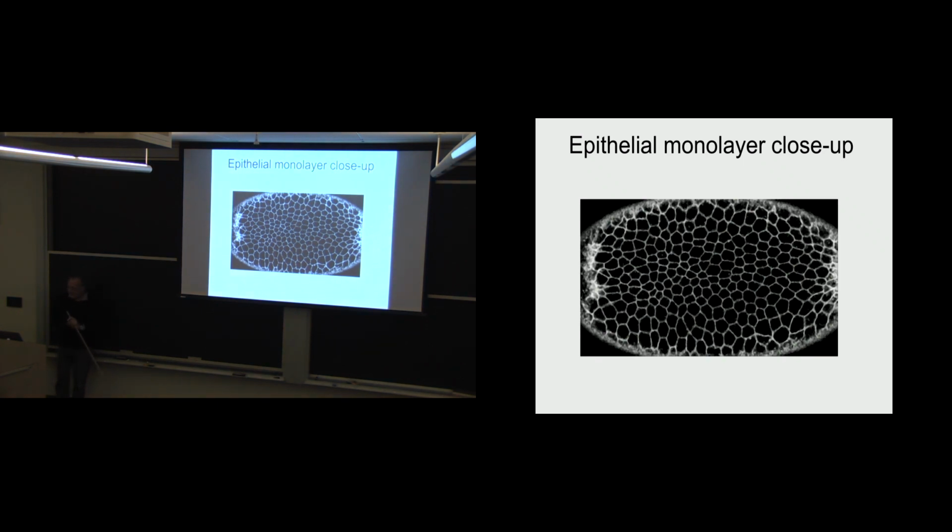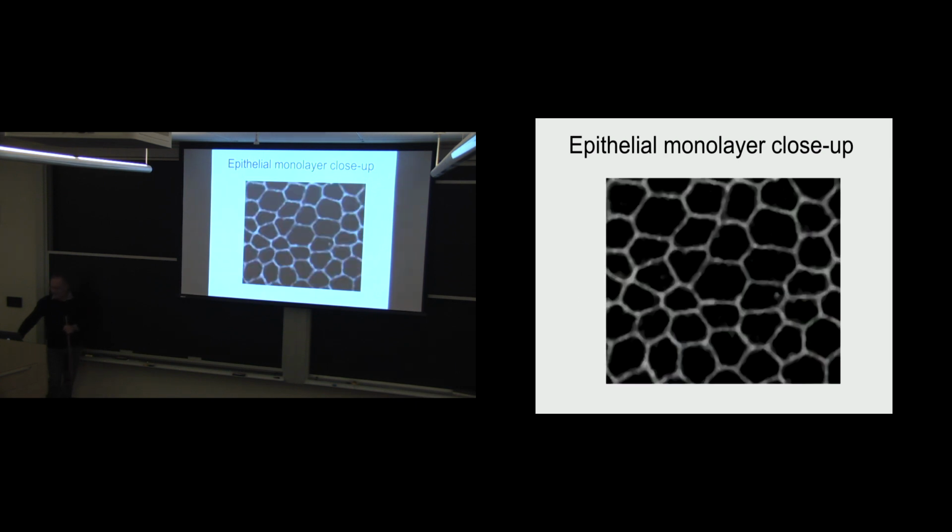So let's try to think about it. Let's take a closer look at the epithelial layer, and now I'm actually showing you part of the same embryonic epithelium of Drosophila, except now you're looking not at the nuclei, but at cell membranes, and you see this remarkably clean two-dimensional tiling of the surface by cells.